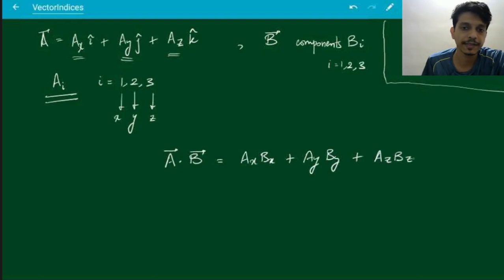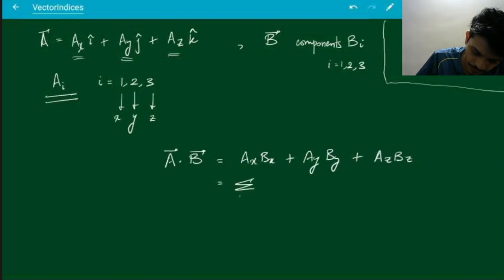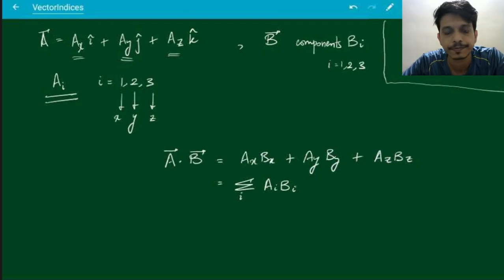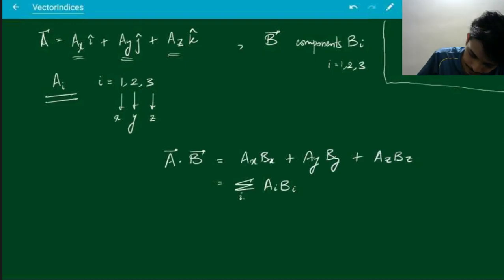But since I want to write it in terms of 1, 2, 3, I'll say A1B1 plus A2B2 plus A3B3. So I can say this is just summation over i of AiBi. This contains all three terms, where i can be 1, 2, or 3. So the summation i goes from 1 to 3.